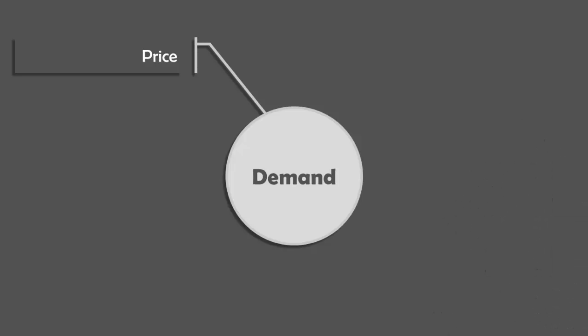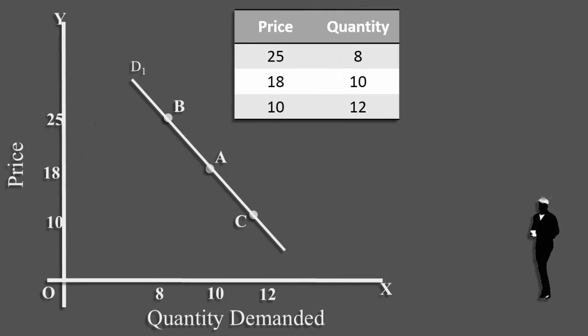Now let us try to understand shift in the demand curve. Assume income of the consumer increases. He wants to consume 12 units of good X and not 10 units at the existing price 18.